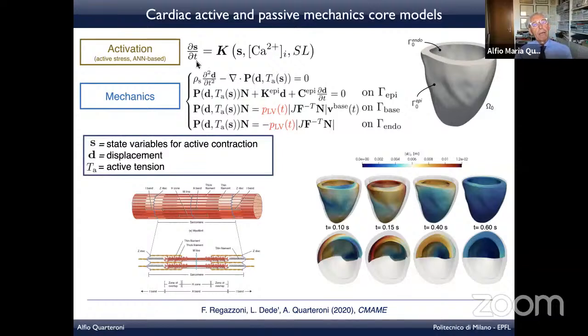So you have a set of equations that describe the deformation of every single cardiomyocyte, and this is a nonlinear function. It is an ordinary differential equation with a nonlinear term on the right-hand side that depends on the elongation and on the concentration of the ionic species, more particularly the calcium ion.